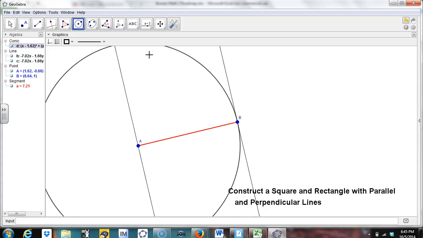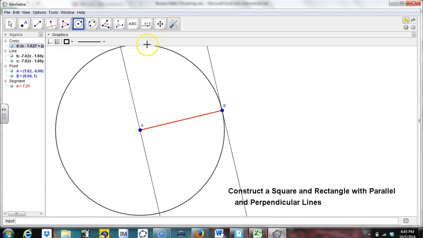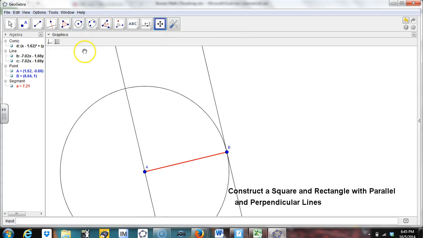I'm going to zoom out a little bit. Now we can see this intersection, this new point C that I put on. The distance it is from A is the same as B is from A because they're both radii. So we know that this red segment and segment CA are equal in length.